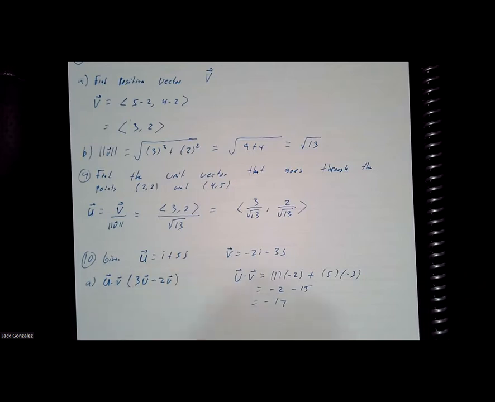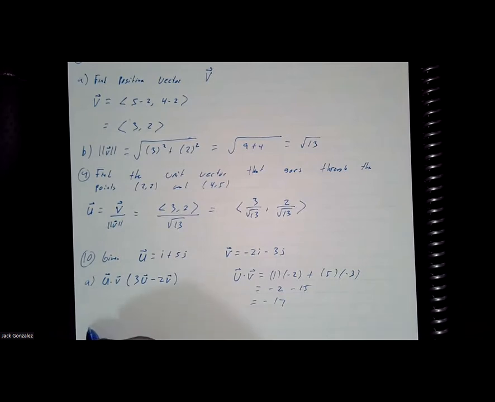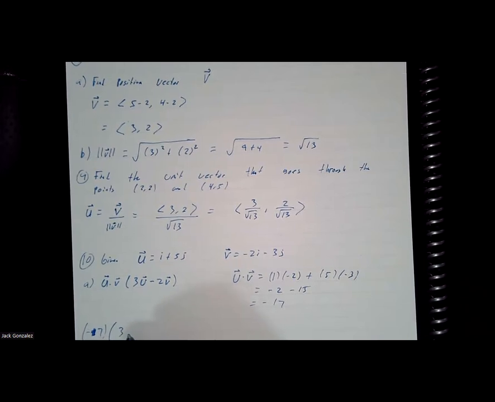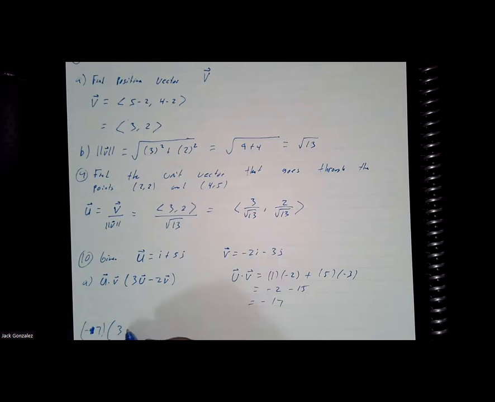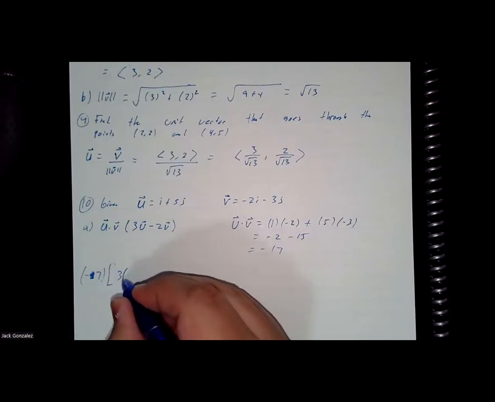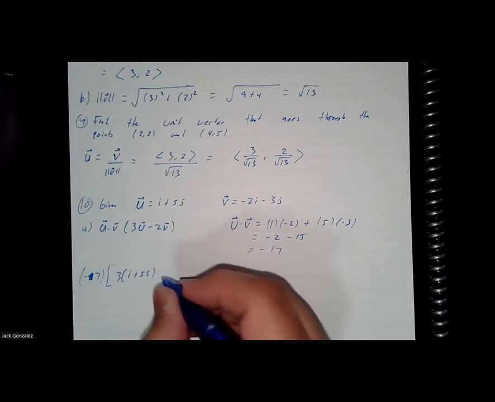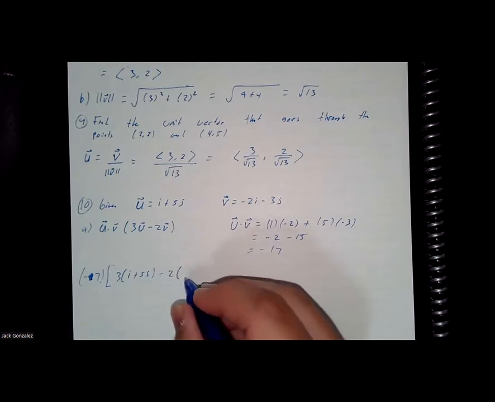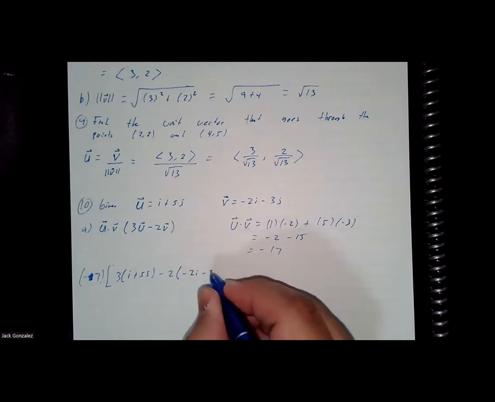So this is really just negative 17 times 3 times u, which is i plus 5j, minus 2 times v, which is negative 2i minus 3j.